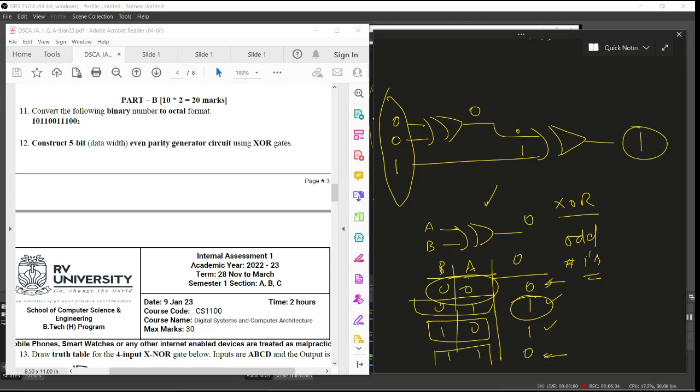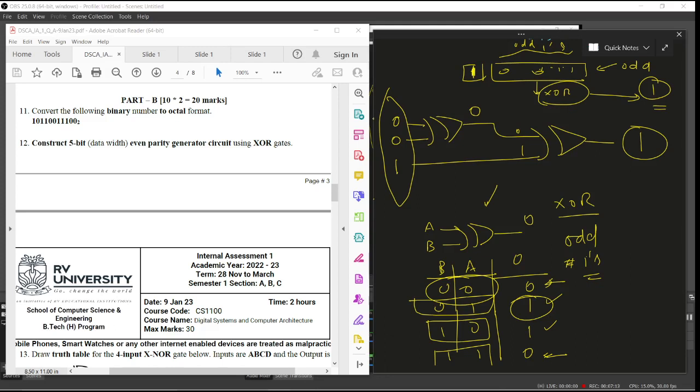Now, how do we use it for a parity generator? We have some pattern and we are going to use the XOR gate. If we just use the XOR gate, it is going to generate a 1 if there are an odd number of inputs. Now, in a communication channel, we give the data and along with it we send the parity. If there are an odd number of ones in the data, this set of XOR gates would have generated a 1, and I would put that 1 as the parity.